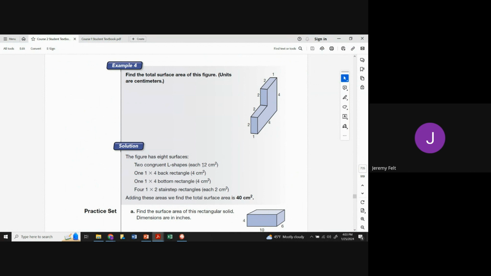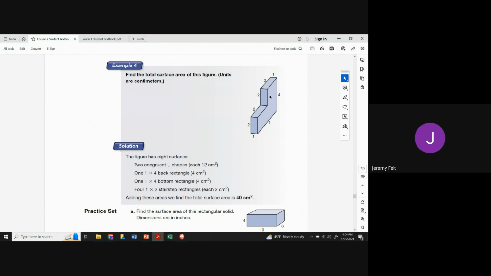So the 2 L shapes, the 12 square centimeters, we got that. It's going to be 24. Oh, the 1 by 4 in the back, I did miss that. The 1 by 4 on the bottom. And the 1 by 2 steps, we have 4 of those. Okay, so I didn't think about this one on the back would also be 4 by 1. Again, this is where drawing it out and taking your time helps.